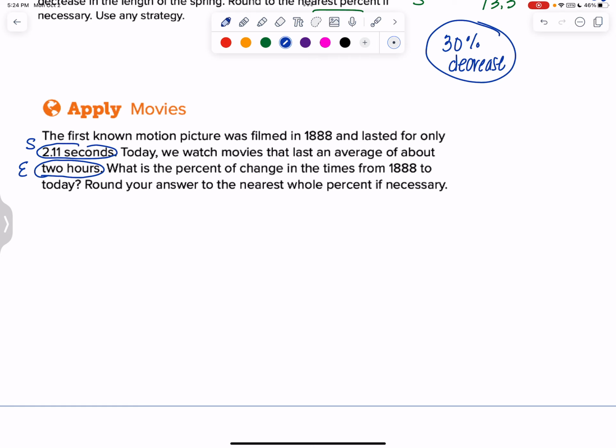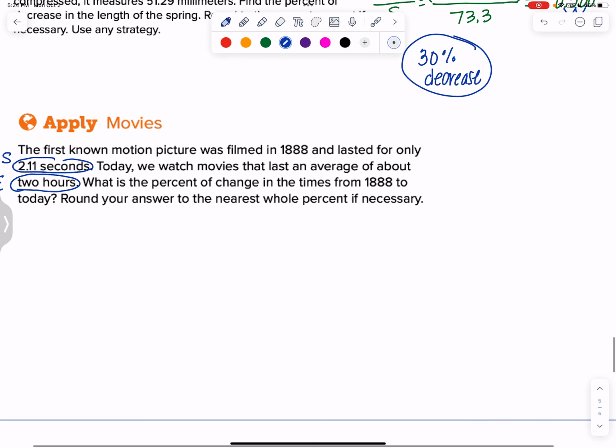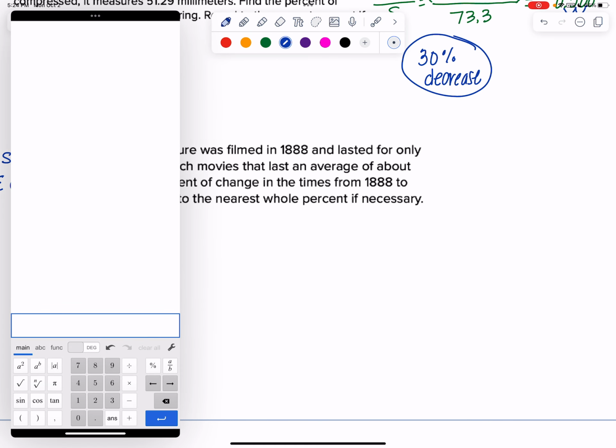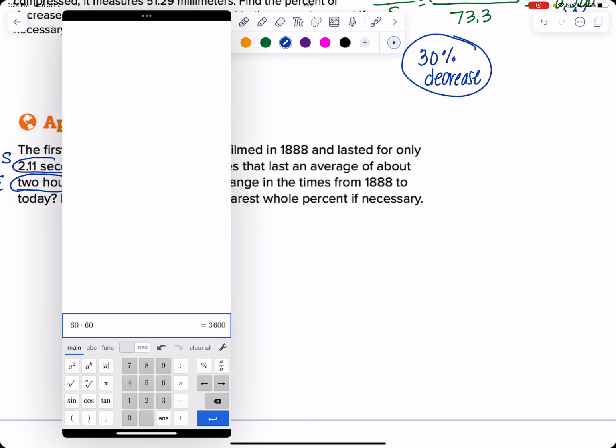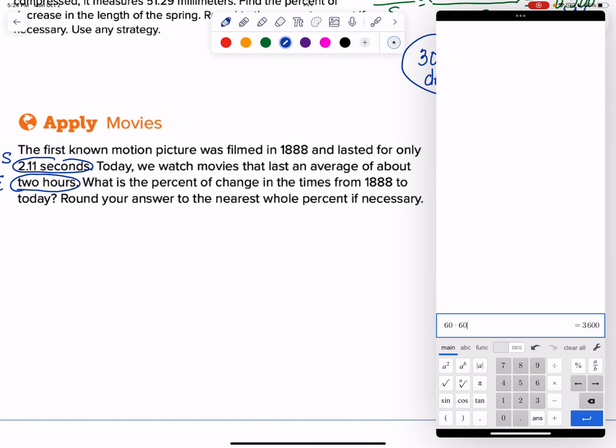Okay, so let's figure out how many seconds are in an hour. So there's 60 seconds in 1 minute, right? And so if there's 60 seconds in 1 minute and there's 60 minutes in an hour, so 60 times 60, we have 3,600 seconds. And you could also just have Googled that if you wanted to.